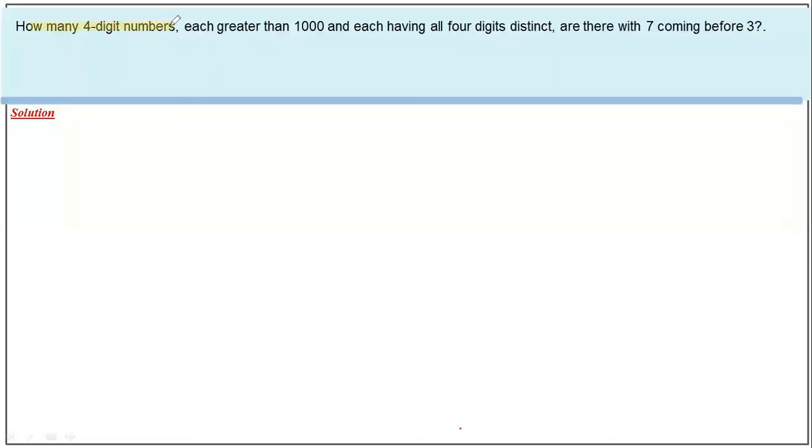How many 4-digit numbers greater than 1000 and each having all 4 digits distinct are there with 7 coming before 3? So case 1, when 7 occupies the 1000 place, so 3 can occupy any one of these 3 places.